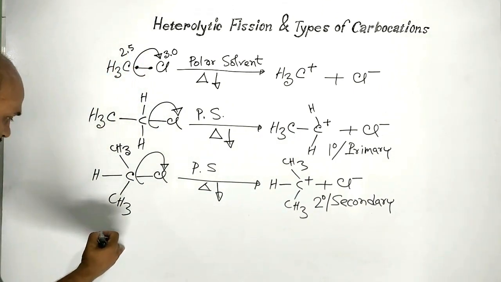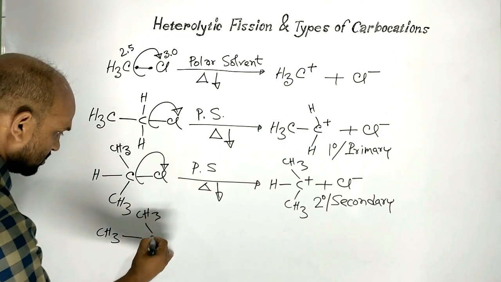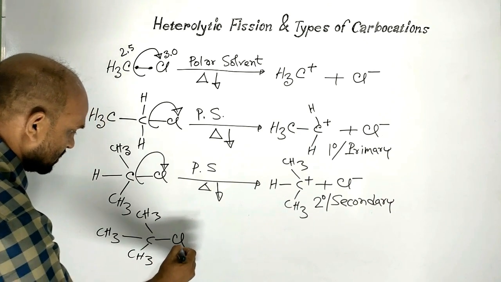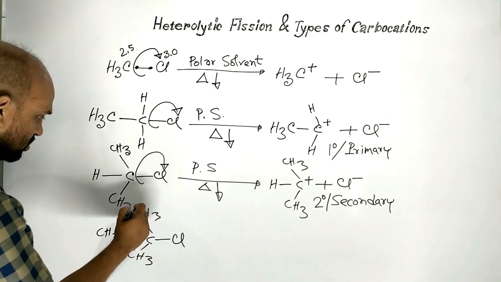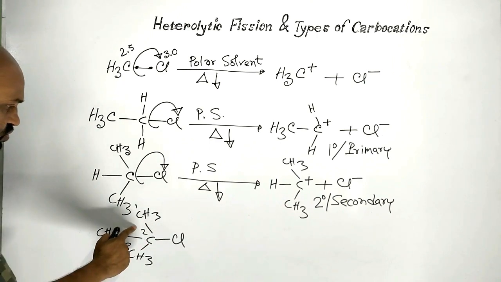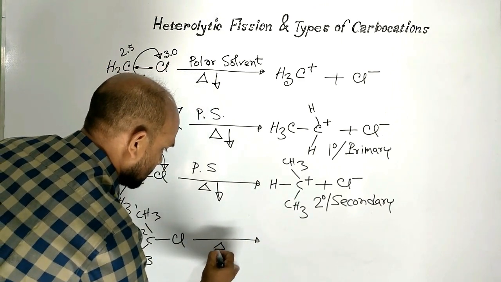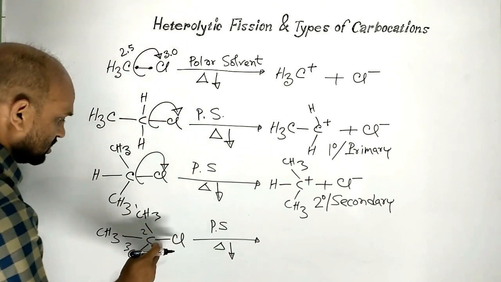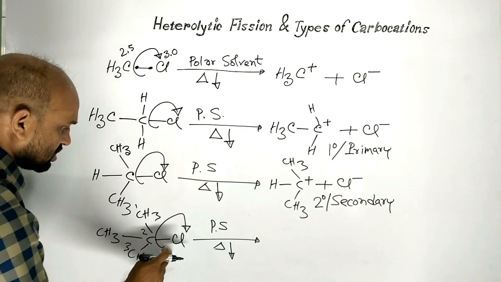Again, another compound, this one. This is tertiary butyl chloride or 2-chloro-2-methylpropane. When this is heated at low temperature in presence of polar solvent, then this carbon chlorine bond experiences heterolytic fission.